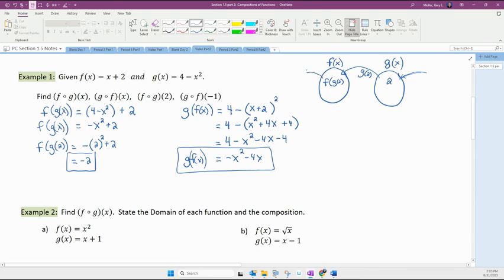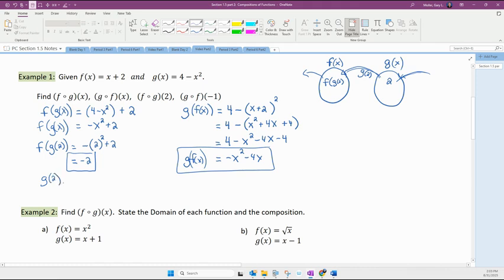And then whatever comes out of that is our answer. But 2 goes into g, that's the domain of g, and then the range of g is whatever the output is, and then that output becomes the input of f. Okay, so it comes into here, does g of 2, and spits it out. So let's see that in action. So let's find out what g of 2 is.